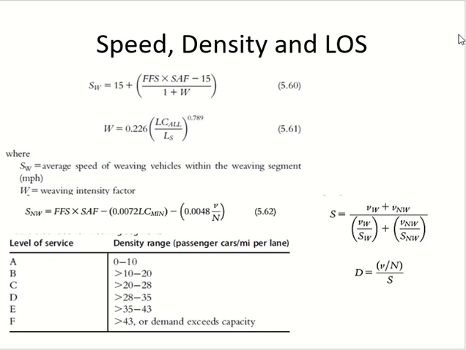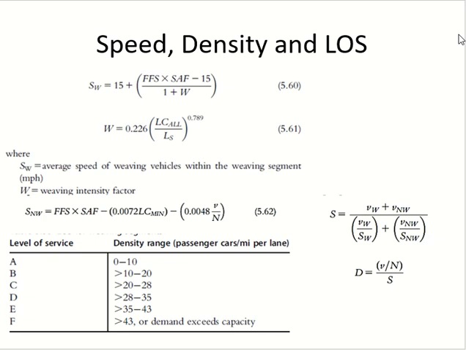Okay, now look at these equations. Tell me if there is anything new. W coming from the equation, no problem. Weaving intensity factor. Anything else? What is V?